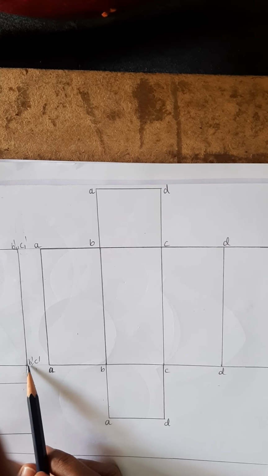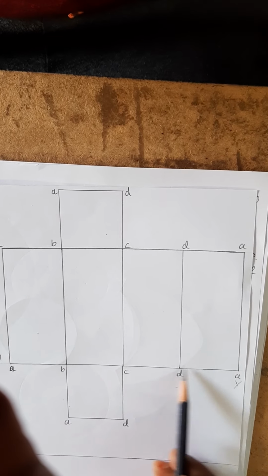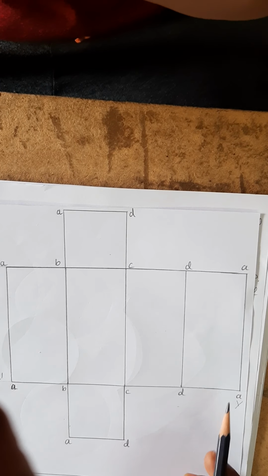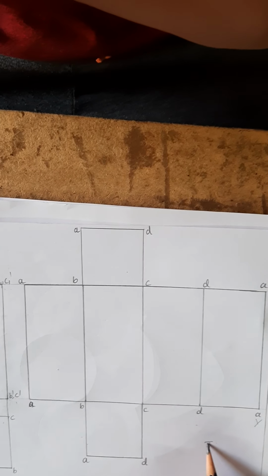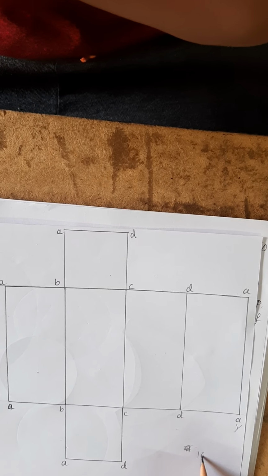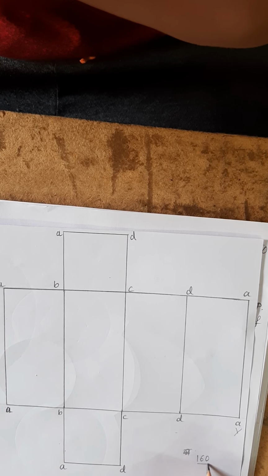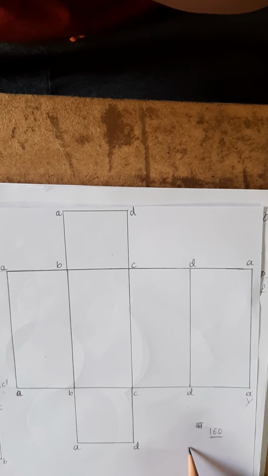draw a development continuous line. The line length is the perimeter of the base. This line length is 160. How can we get the 160 length?